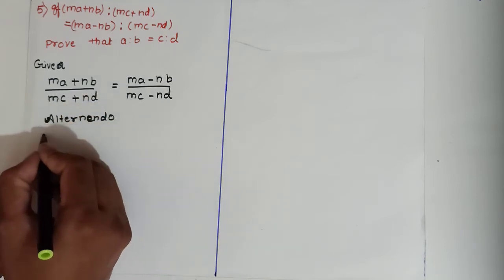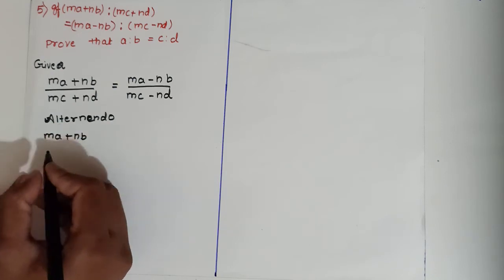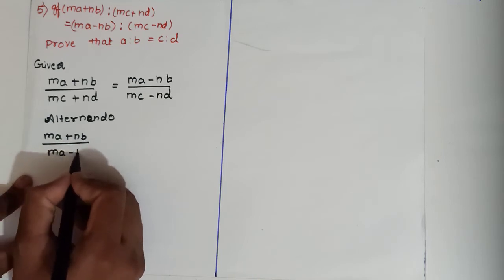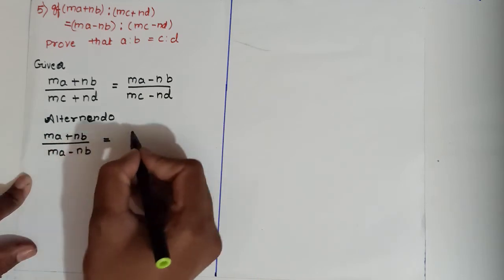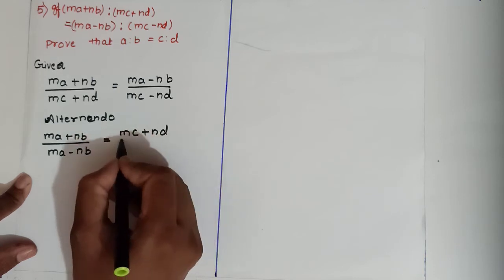So after applying, what will it be? (ma + nb) by (ma − nb) is equal to (mc + nd) divided by (mc − nd).